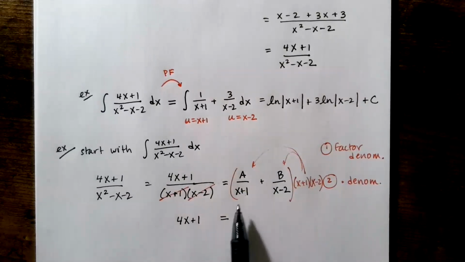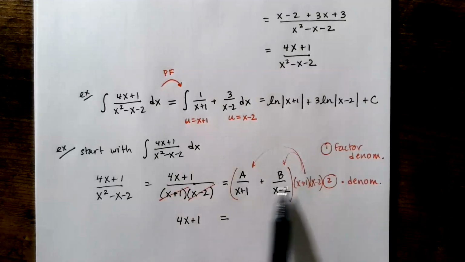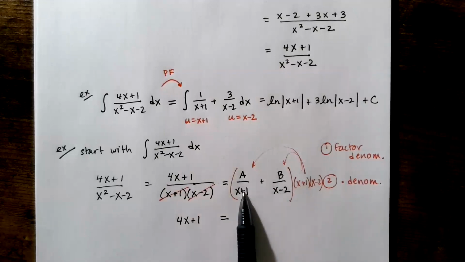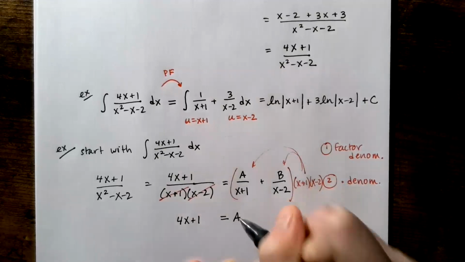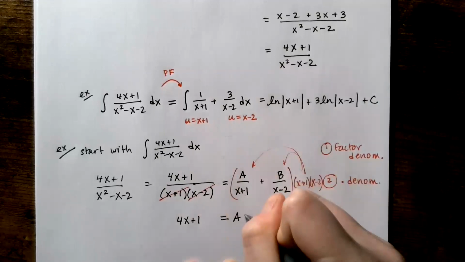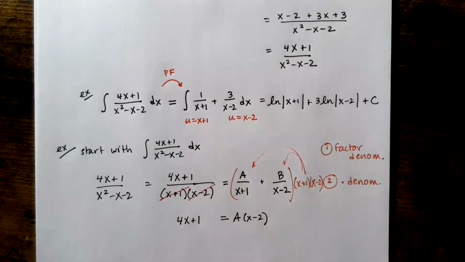Over here, I would have A times all this over x plus 1, and the x plus 1's top and bottom would cancel. So what's left is the A and the x minus 2. And that's it, right? The top and bottom x plus 1's have canceled. Something very similar happens over here. So we have B times these terms over x minus 2.